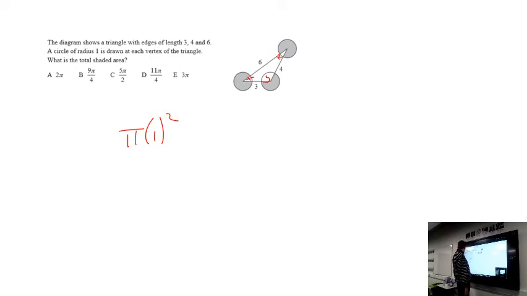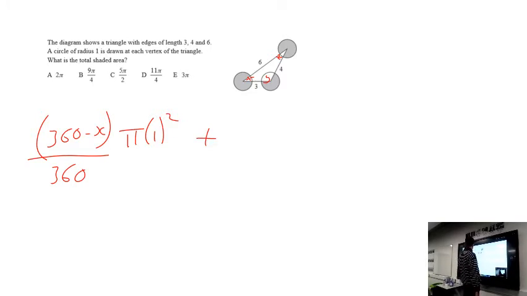So you can do it as 360 minus x over 360. Then we have y. So again, the area of the circle, which is pi times 1 squared, and then we have 360 minus y over 360.